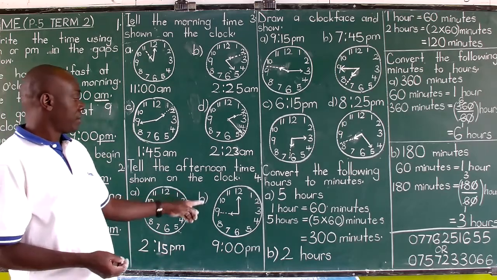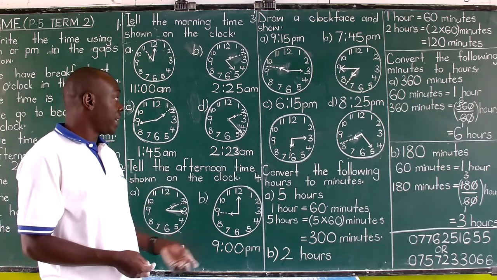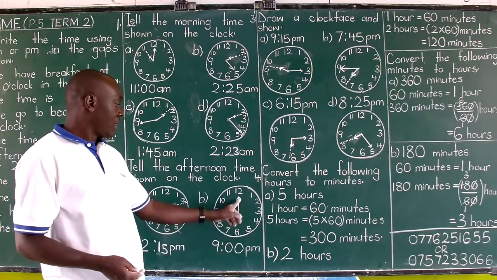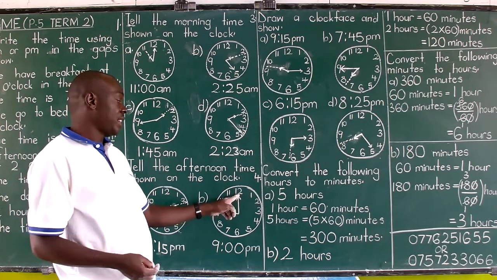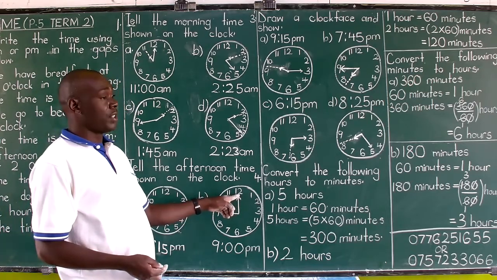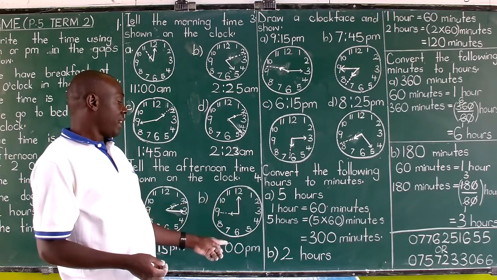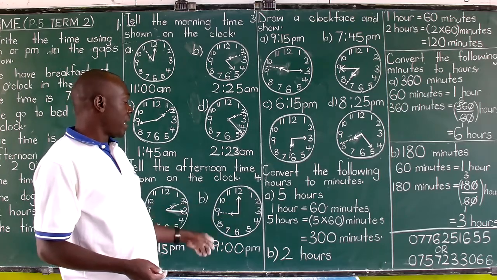As we look at part B, tell the afternoon time shown by the clock here. So you see, the longer hand is pointing at 12. You don't multiply to get 60. So you can't have 60 minutes past the hour. So only multiply by 5 if the longer hand is pointing at any of 1 up to 11.